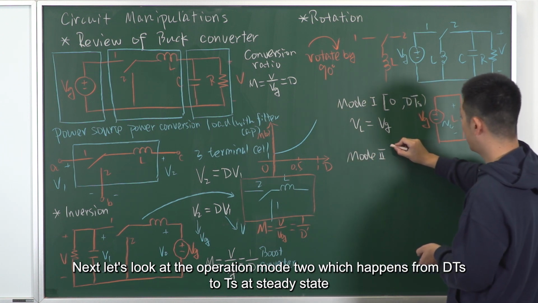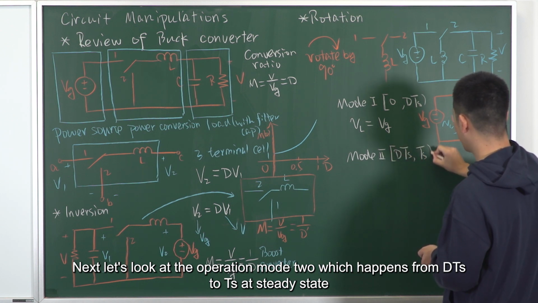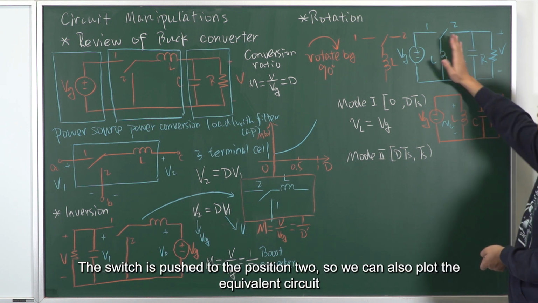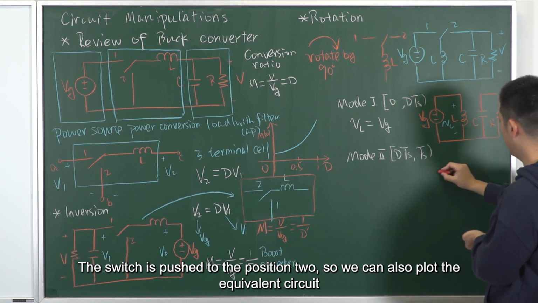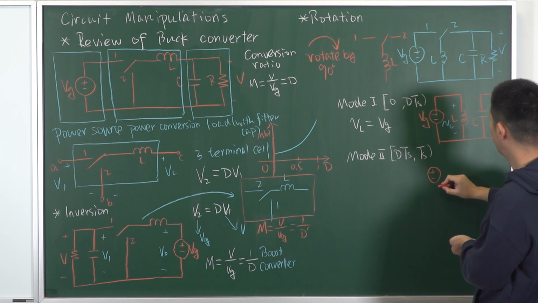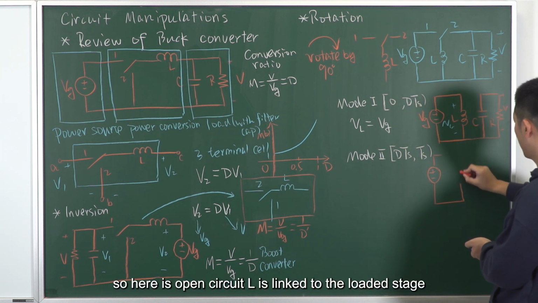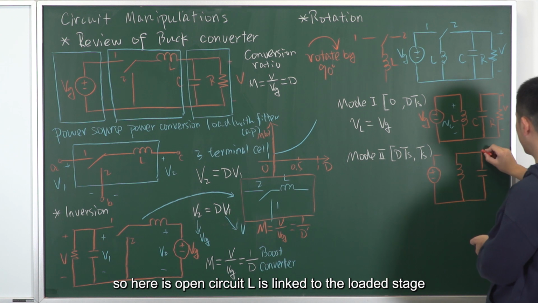Next, let's look at the operation mode 2, which happens from DTs to Ts at steady state. So the switch is pushed to position 2, so we can also plot the equivalent circuit. So here is open circuit. L is linked to the load stage.